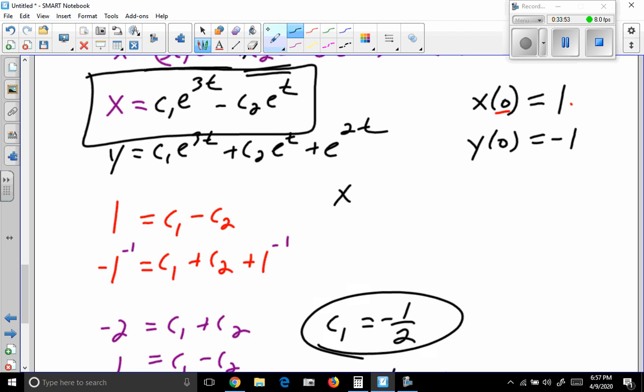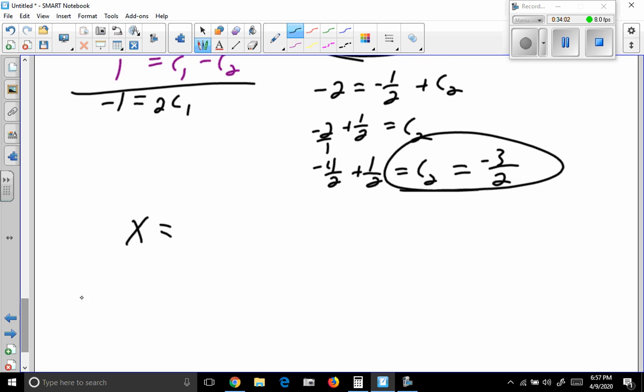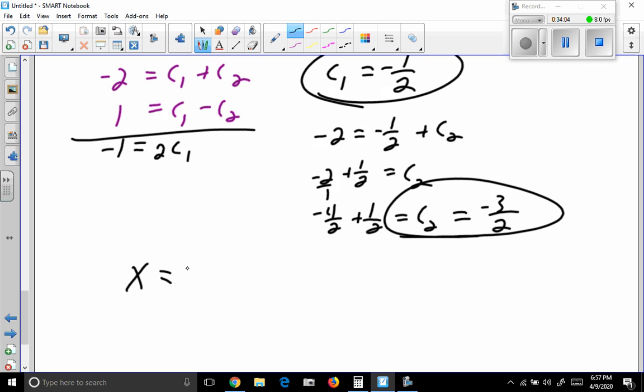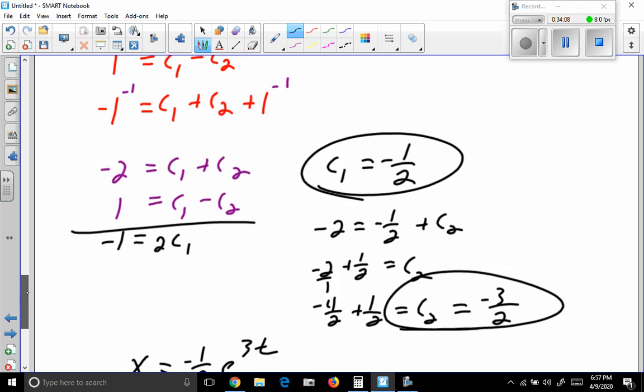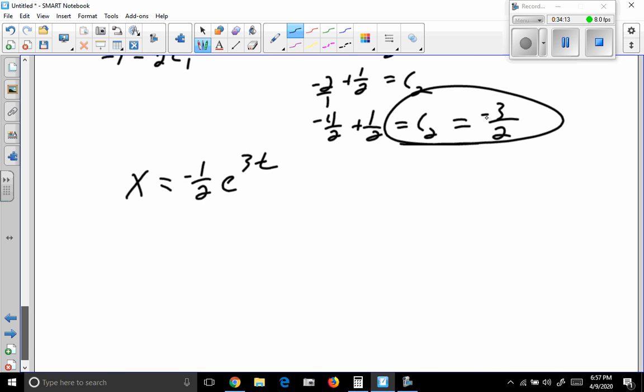X is c1 e to the 3t minus c2. c2 is negative, so minus negative 3/2 e to the t.